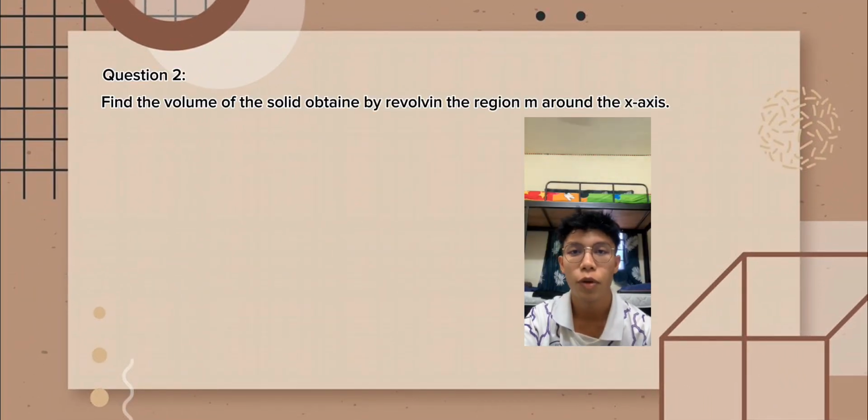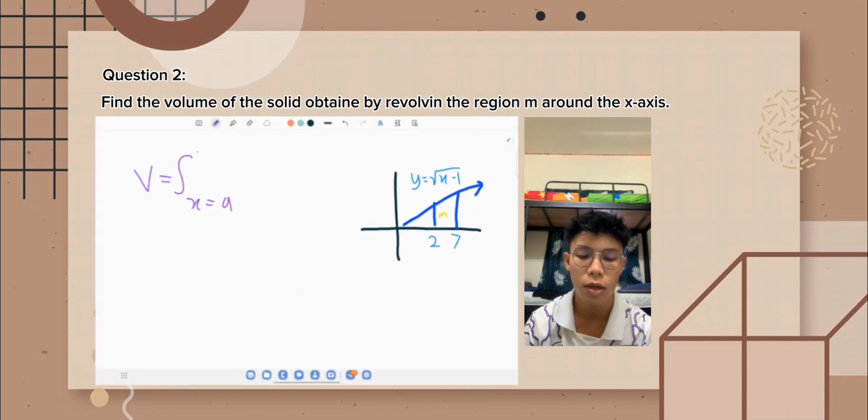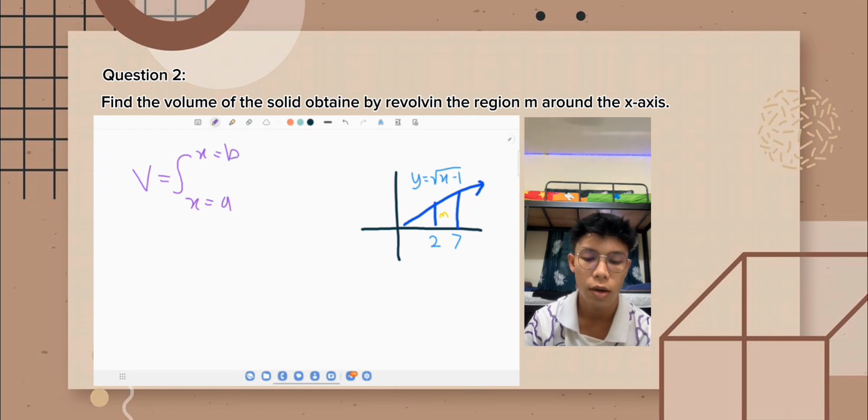Okay. Now my question is, find the volume of the solid obtained by revolving the region around the x-axis. Volume equals the integral from x equals a to x equals b, because we are revolving around the x-axis and we are taking cross sections, so we need everything in terms of x.